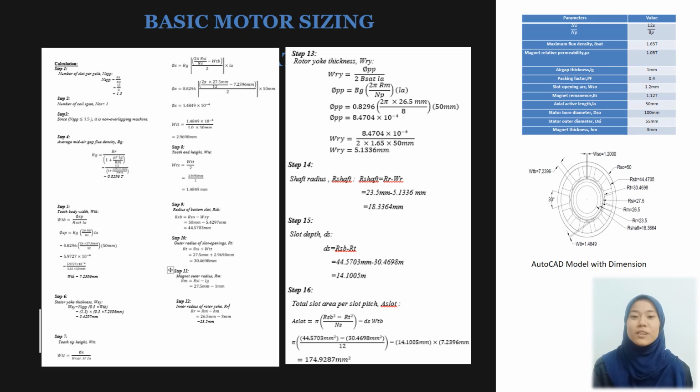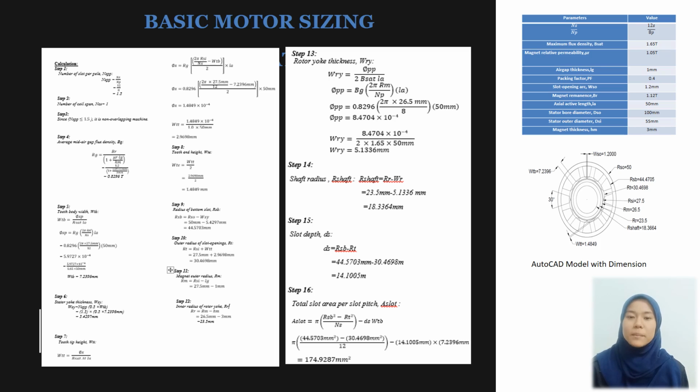Based on the methodology, we start this mini project with calculating the motor dimension. We can use the dimensions that have been given in the project, as shown in the table in the slide, to start our calculation. First, we need to determine the number of slots per pole. Based on the calculation, we identify this motor as a non-overlapping motor because the number of slots per pole is less than 1.5.